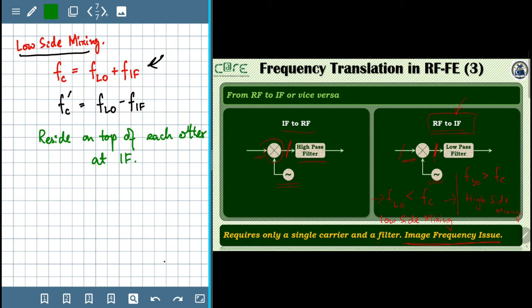And this is a fundamental problem in carrying out this process of frequency translation in two steps.